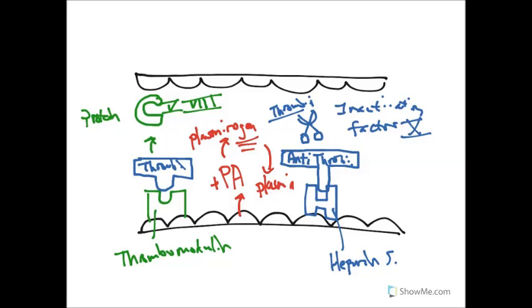And to show you what happens with molecules like this, normally what you do with coagulation is we produce fibrin strands. During this, we want to break down fibrin strands. And this process is called fibrinolysis. So let's take a look at that real quick.